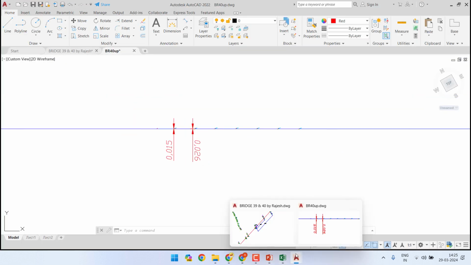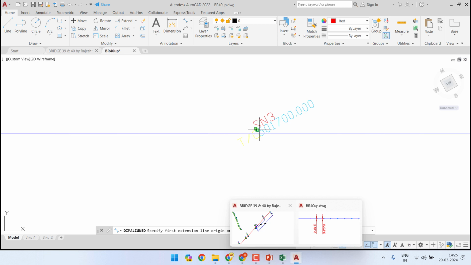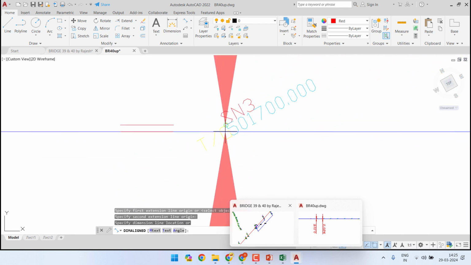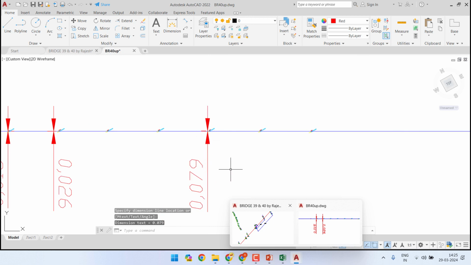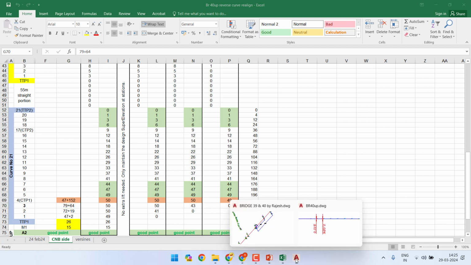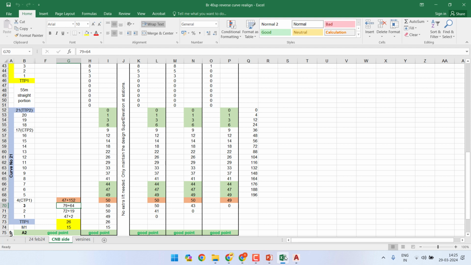Here it is, like for CTP2 we had, CTP2 is here, station number 3, and it was 079. So it was 079, station number 3. CTP is station number 4 actually, 0, 1, 2, 3. 1, 2, 3, 4. So station number 4.